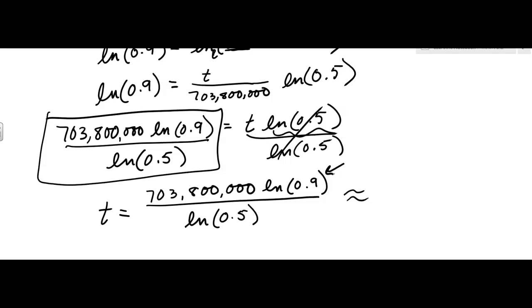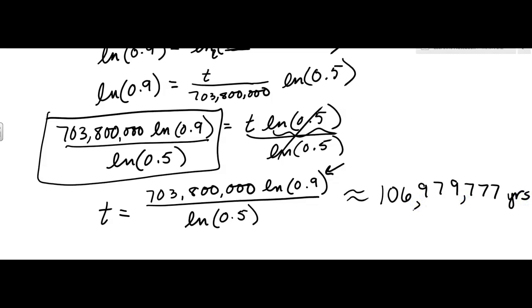And I am getting a very big number. It didn't say to go to the nearest year, but I'm just going to go to the nearest year. 106,979,777. I have a 0.2, but I'm just going to go to the nearest year.